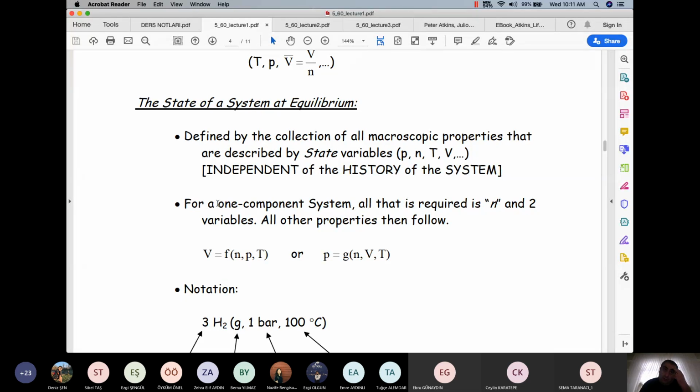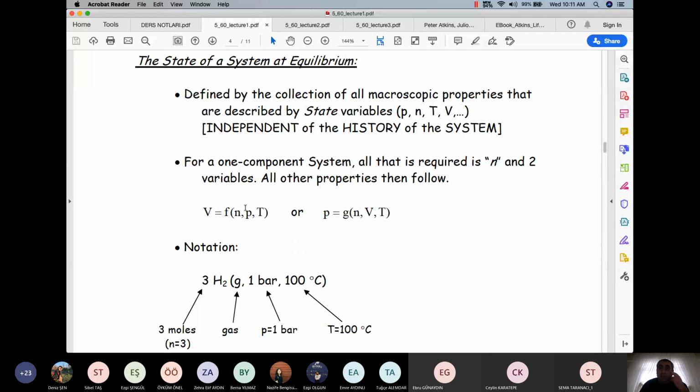Okay. For a one-component system, this is the notation of how we show it. For a one-component system, we said we need at least 3 unknowns, where one of them is the number of moles, and we need 2 other variables. It can be either pressure and temperature or volume and temperature.